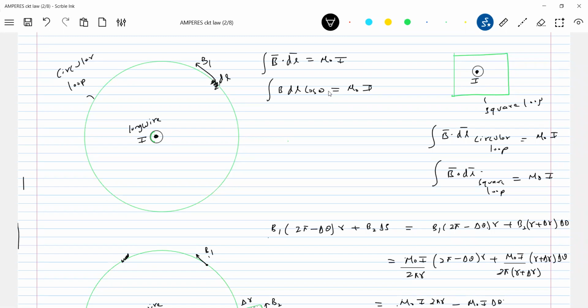And what is the net current enclosed by the loop? I. And why current I should take positive? Because I'm integrating along the path in which the field is there. The field is directed. So this B is constant at all points. I'll take outside. So dl mu naught I. Now what is integration in closed path? 2 pi r.